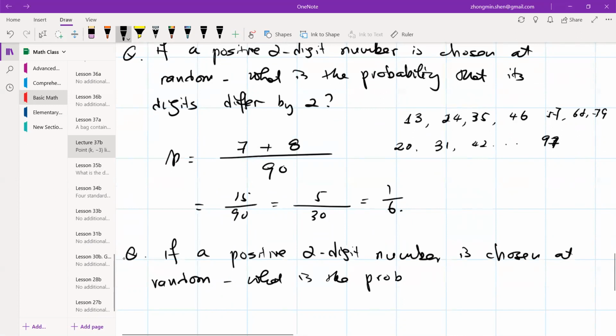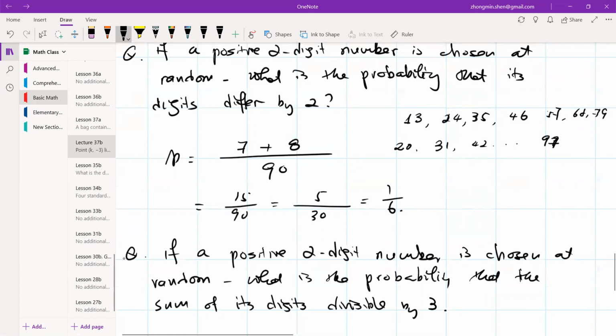This will be a little bit easier than the previous one. Or I just say the sum of its digits is divisible by 3, for example.